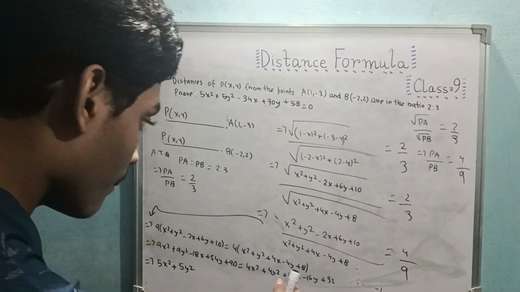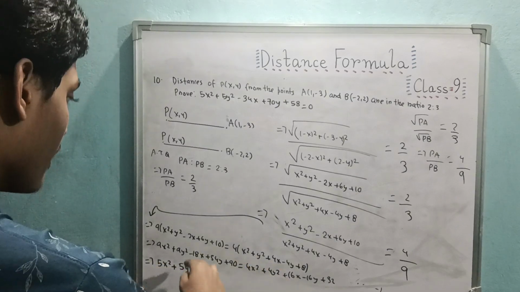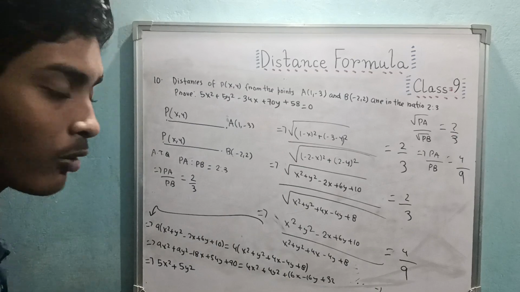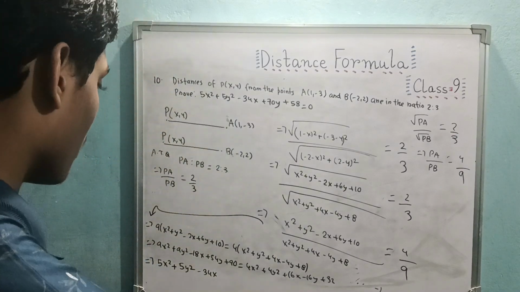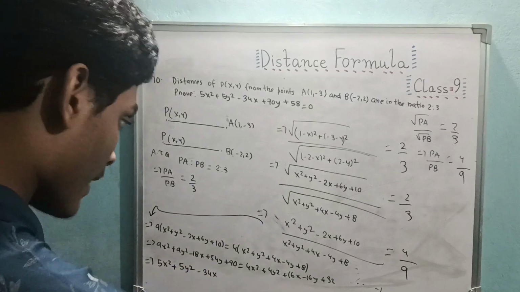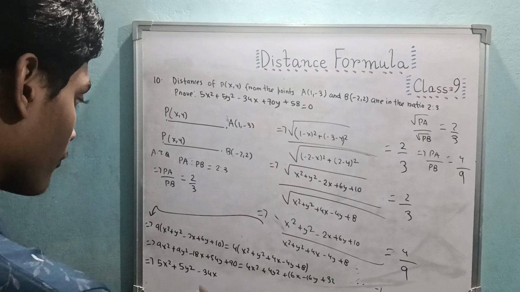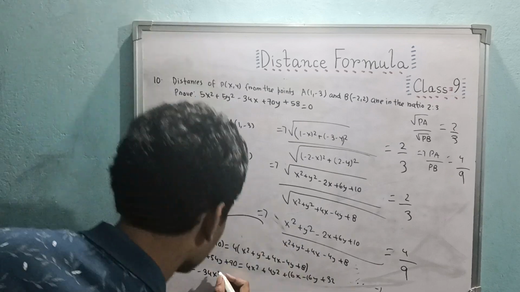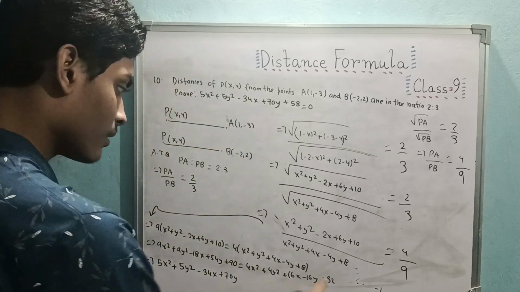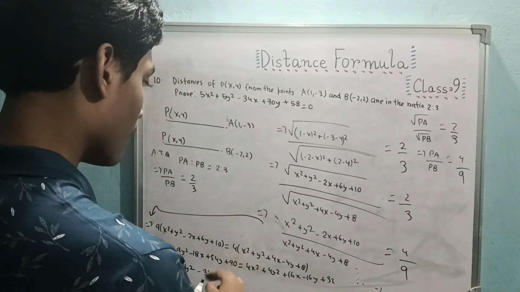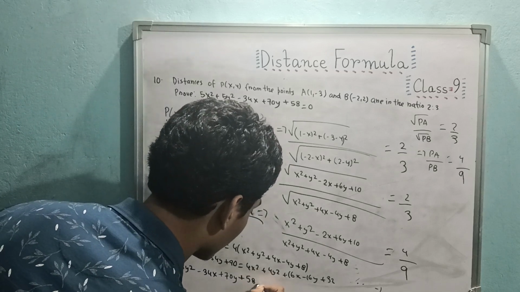Minus 18x plus 16x: shift plus 16x to this side, it becomes minus 16x, so minus 18x minus 16x equal to minus 34x, plus 54y. Here minus 16y, shift minus 16y to this side, it becomes plus 16y, 54y plus 16y equal to plus 70y. And finally 90 and 32, shift 32 to this side, 90 minus 32 equal to 58, and nothing on this side.